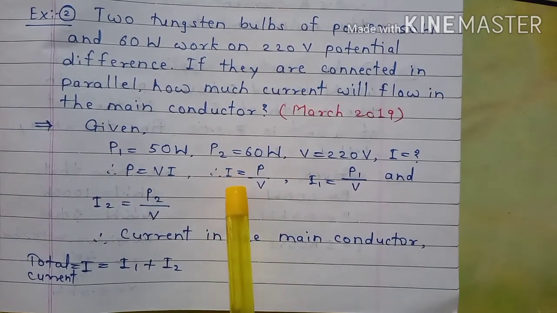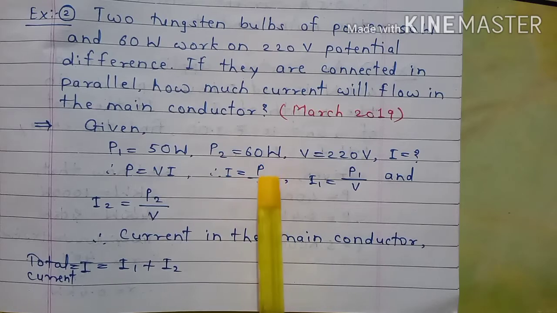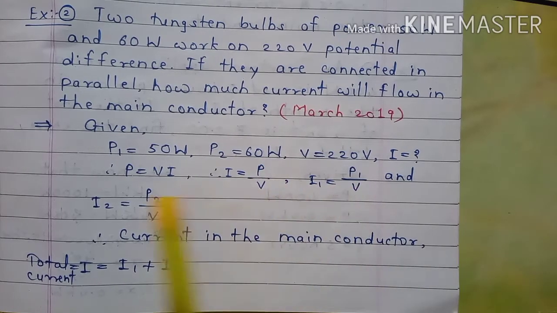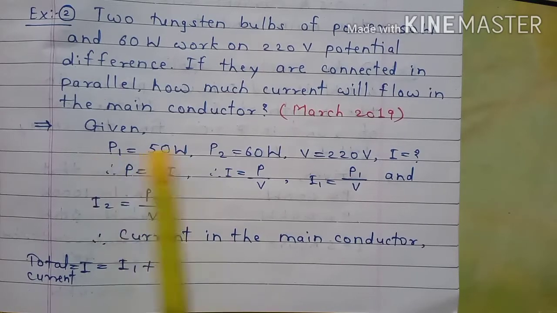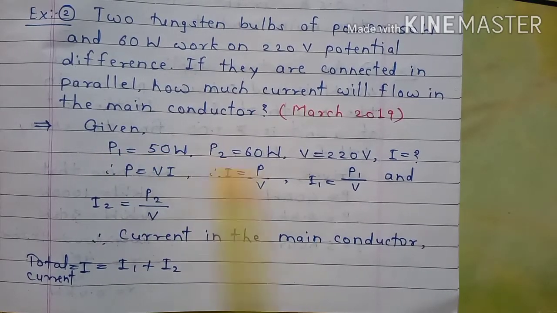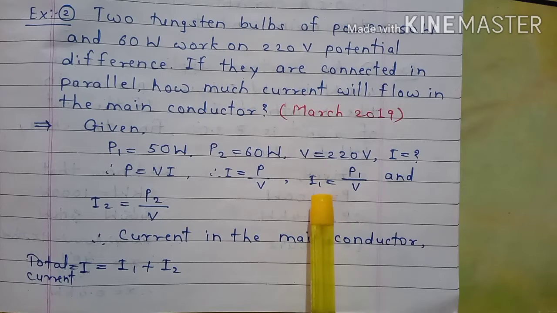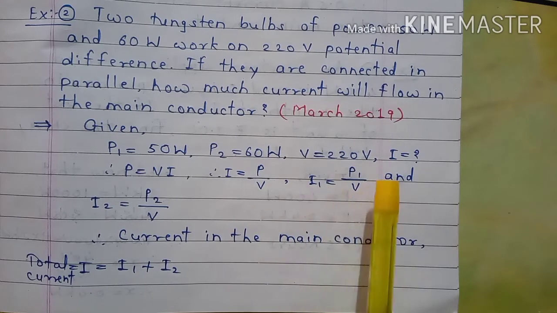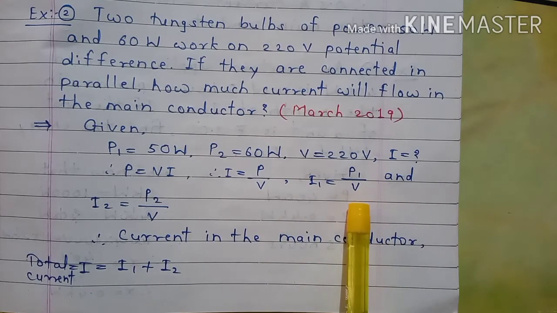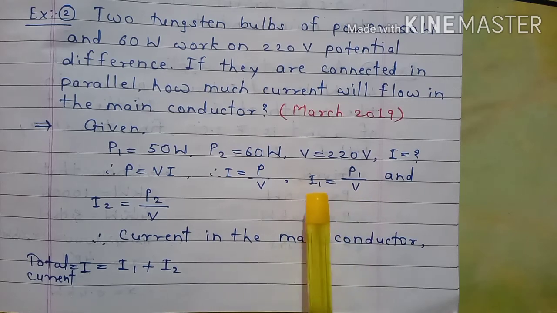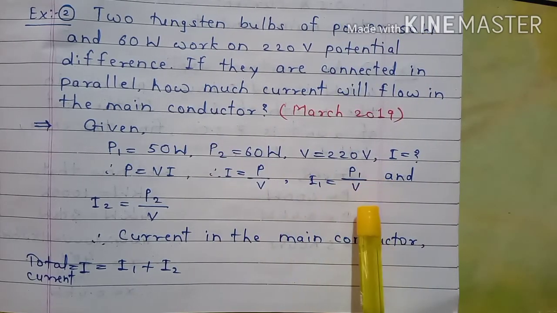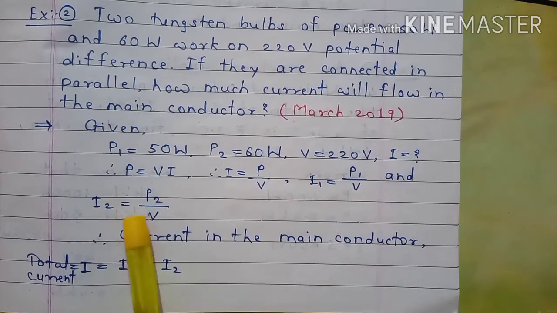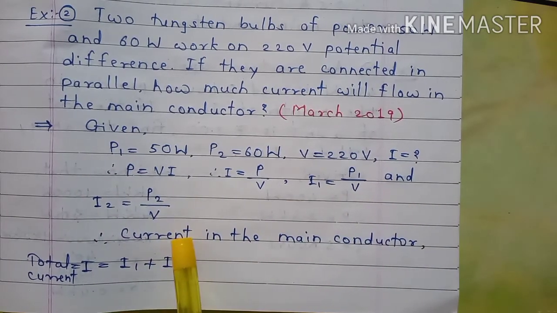So I is equal to, that is current I is equal to P upon V. So instead of I, in case of this tungsten bulbs' power P1 and P2, we will write this formula like this. I1 is equal to P1 upon V, means current for this power, and I2 is equal to P2 upon V.